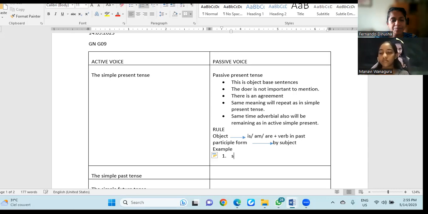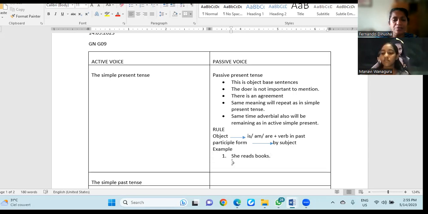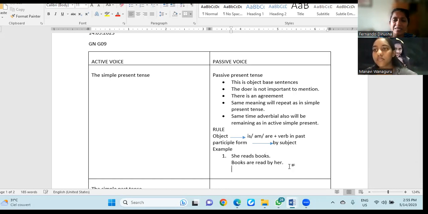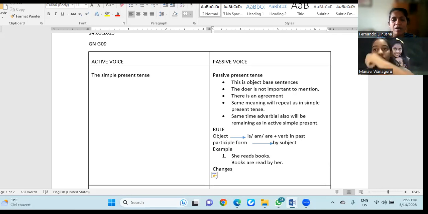Now look at: she reads books, right? Now this sentence we can change to the other side: books are read by her, right? Now what were the changes that took place? Now we'll write the changes. Change number 1 was the subject pronouns.